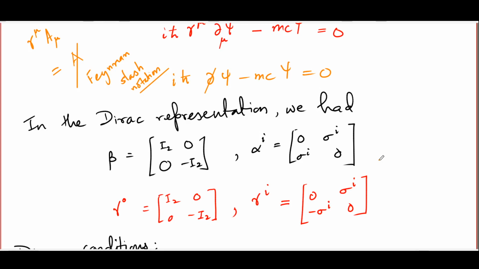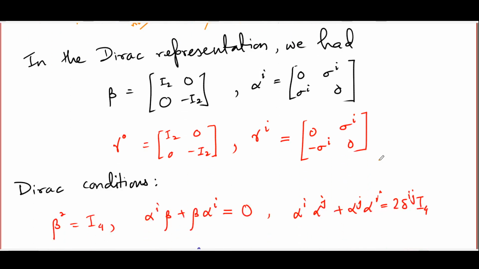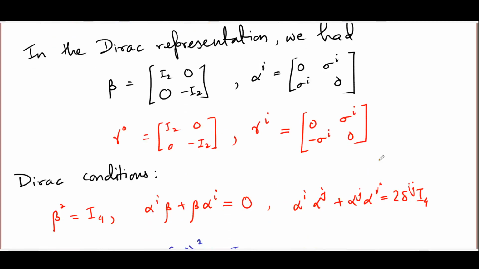Because from this point on, we are going to focus primarily on the gamma matrices and forget about the beta and the alpha matrices. So, the Dirac conditions in terms of the beta and the alpha: beta squared equals identity, of course 4x4 identity, because these are 4x4 matrices.